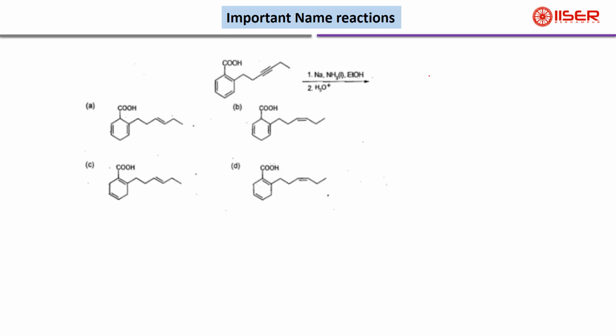Obviously the aromatic ring will be reduced in such a way that the double bond is placed at the alpha beta position, the beta gamma position. So the correct option will be between A and B.